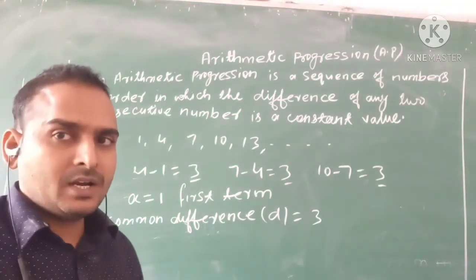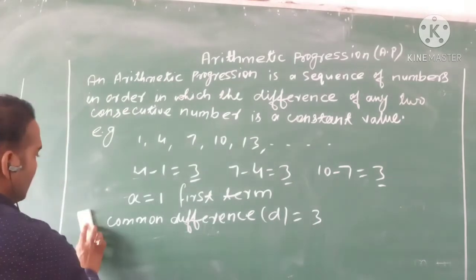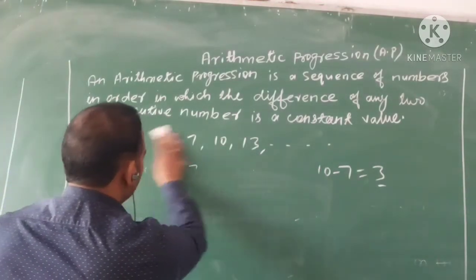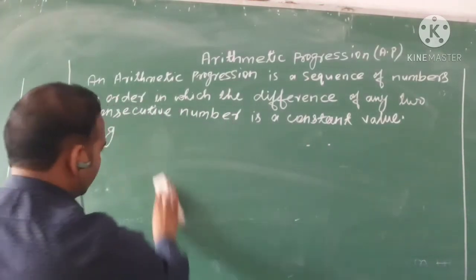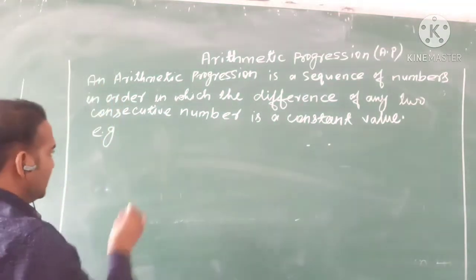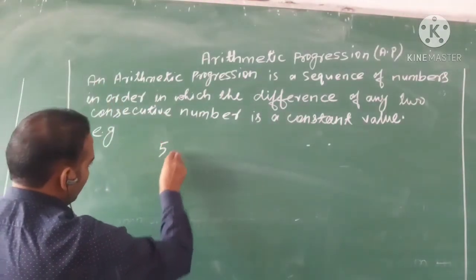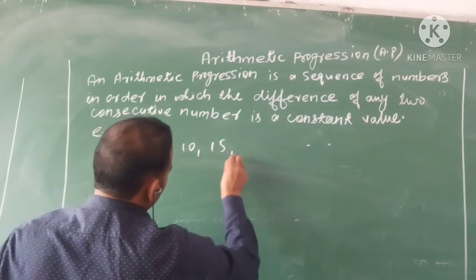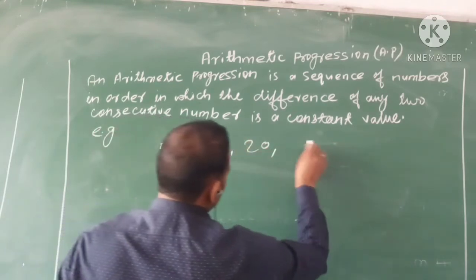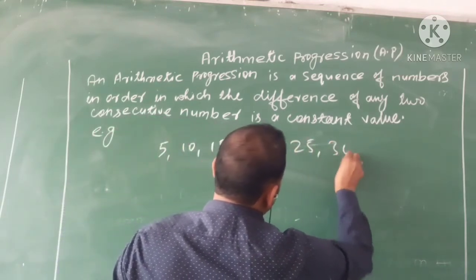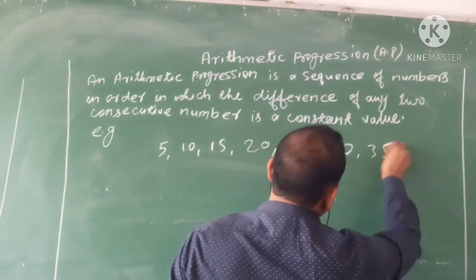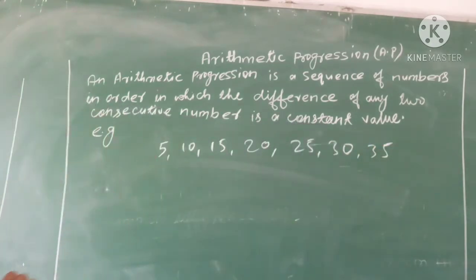Suppose we take another example of AP. Suppose an AP is 5, 10, 15, 20, 25, 30 and 35. Is it in AP or not?